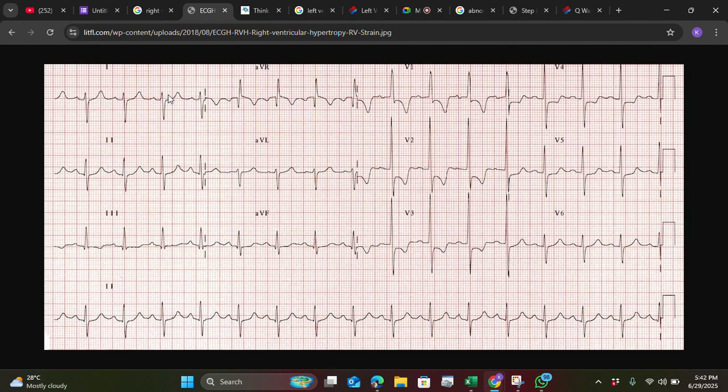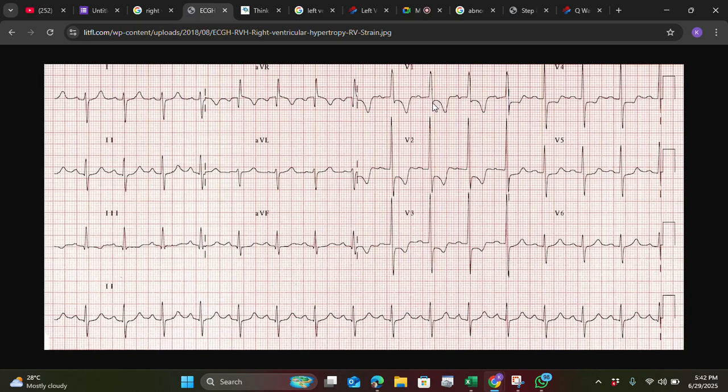Now I said that in right ventricular hypertrophy, the R wave in V1 must not be taller than 7, and it must not even be taller than your S wave. This is V1. This is the R wave and this is the S wave.